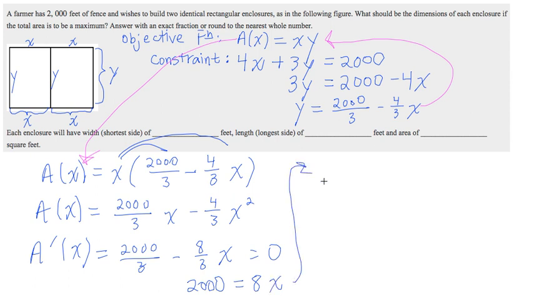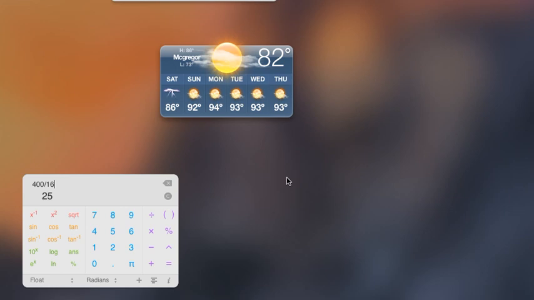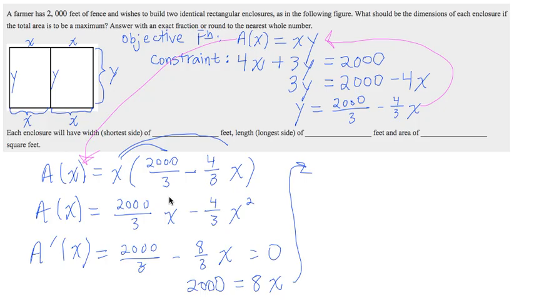So 2,000 divided by 8 is 250. So x is 250. Now that should be a max.